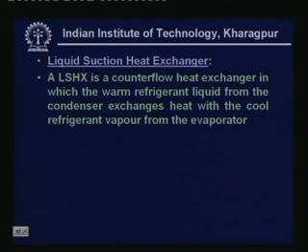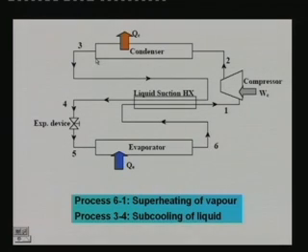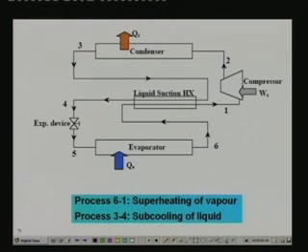A liquid suction heat exchanger is basically a counterflow heat exchanger in which the warm refrigerant liquid from the condenser exchanges heat with the cool refrigerant vapor from the evaporator. So let me show this. What we have here is a system with a liquid suction heat exchanger.